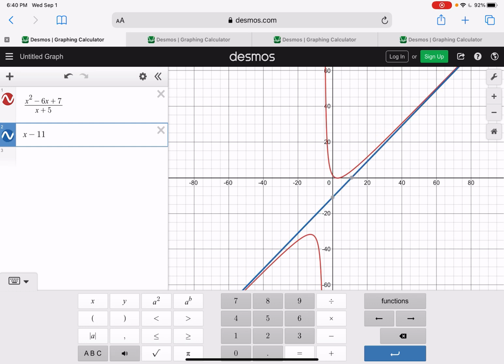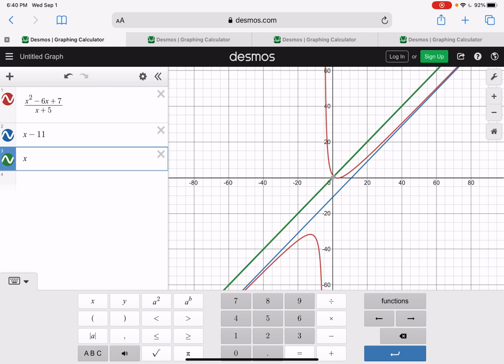So notice that that blue line goes right in between the two sections of the rational graph. Now, if I want to see if my slant asymptote is correct, I'll do the slant asymptote, but then at the end, I'll do plus the remainder of 62 over the original denominator, which was x plus 5.